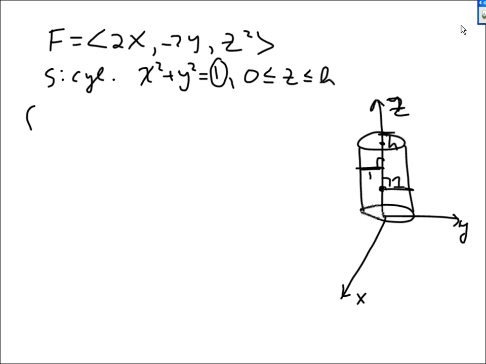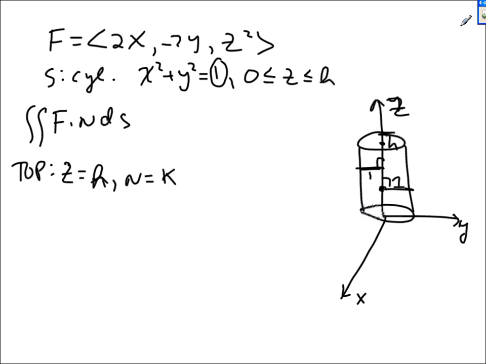So we want to calculate f dot n ds. When it comes to the top, z is always h, and n would just be positive k. That is, n is 0, 0, 1.